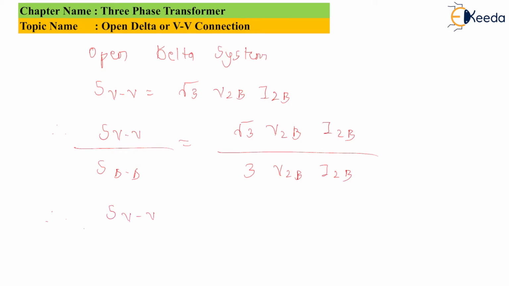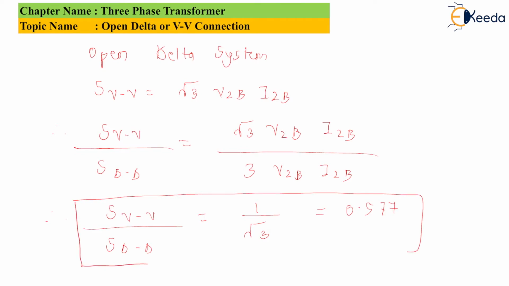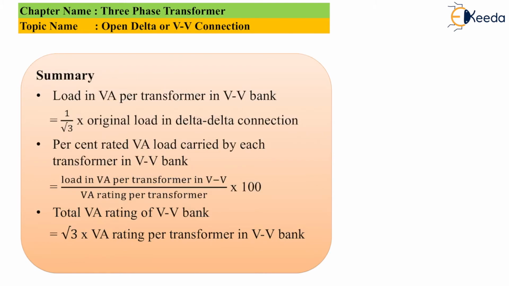If we further simplify this, we get S open delta connection divided by S closed delta connection is equal to 1 by root 3, and this is nothing but 0.577. So from this equation, it is clear that the load that can be carried by the open delta bank without exceeding the rating of the transformer is 57.7% of the original load which can be carried by the delta delta bank.